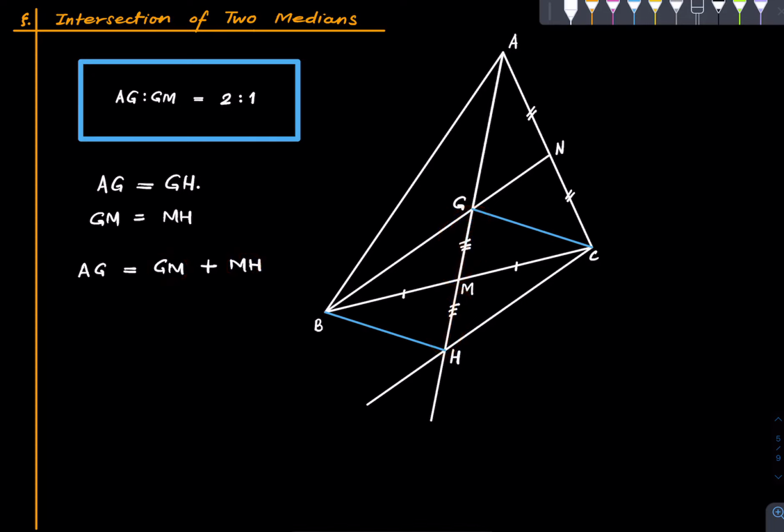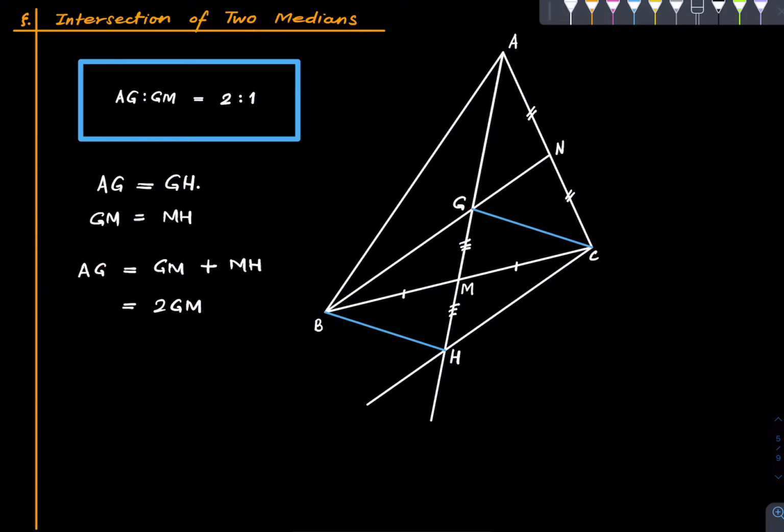So this is twice GM, and hence this is equal to, yeah, that's it. That's all, because GM is equal to MH, so this is twice GM, and this is what we wanted to show. We wanted to show that AG is twice GM.